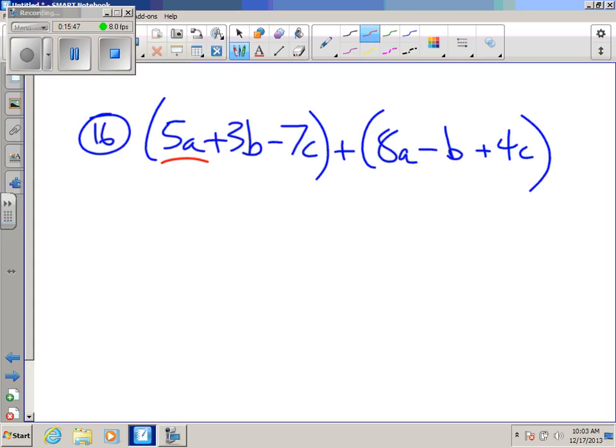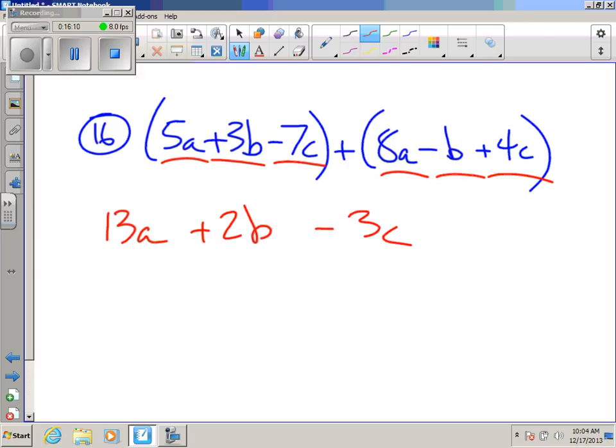Like terms, 5A, 8A, how many A? 13A. Positive 3B and a negative B. 2B. Negative 7C, positive 4C. Negative 3C. Okay, remember that?